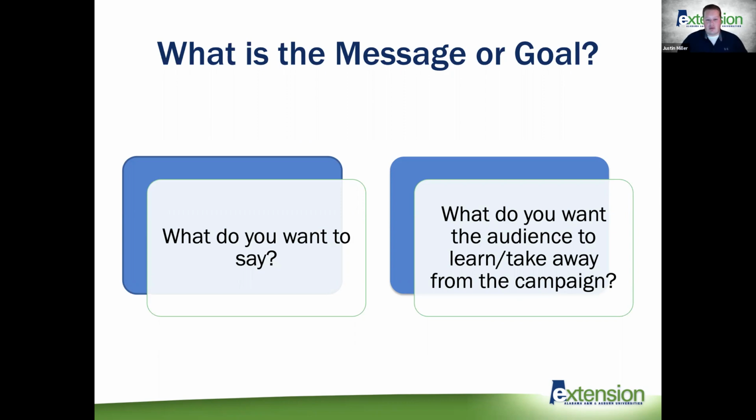But establishing that very foundational, basic information about your message is the entire structure of your campaign, because this is what you're going to measure and build off of completely. So the first thing you need to do is make sure you know what your message is and what your goal is for this campaign.